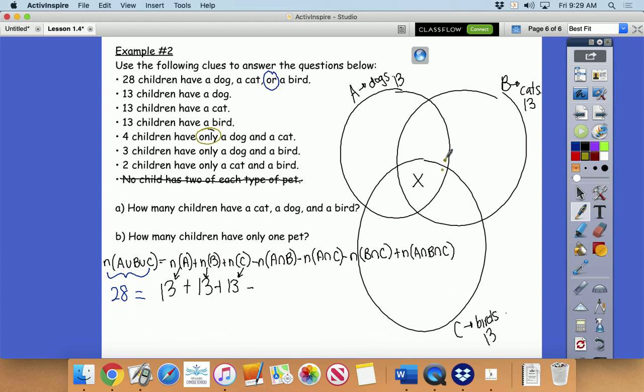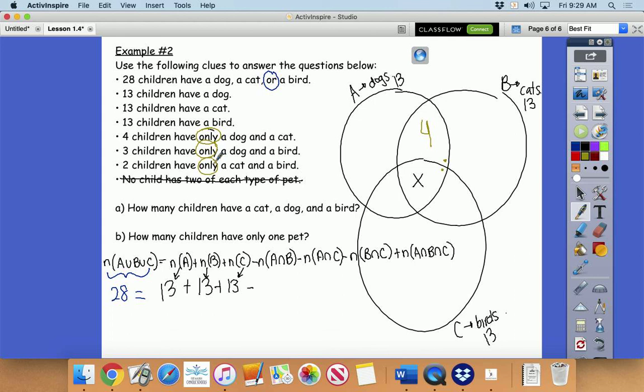But because of the word only, it takes off the middle section between all three. They're telling you that these are the students that only have a dog and a cat, but they don't own a bird. So that number would go here, and we would not have to do a subtraction if you see the word only. So if you see the word only, no subtraction is needed. If you don't see the word only, you'll need to subtract that number and the x value that you would have. Okay, so we have 4 children have only a dog and a cat.